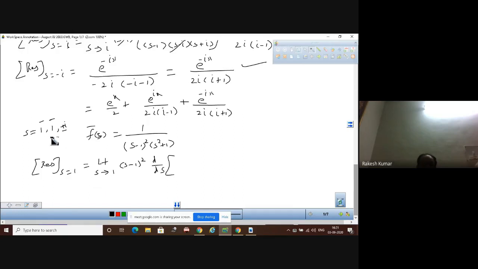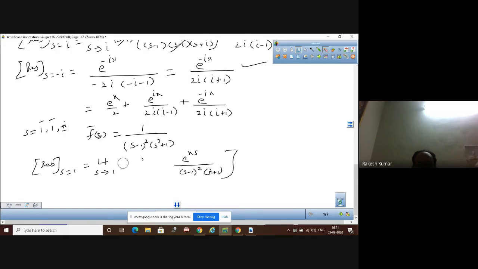So if it comes twice, then there will be a first order derivative, and if it comes thrice, 3 times, then there will be a second order derivative. So always remember that, the function is e raised to power xs upon (s minus 1) square, that is (s square plus 1). And one more thing also, d by ds will come here.